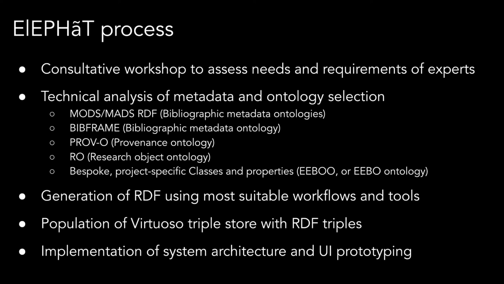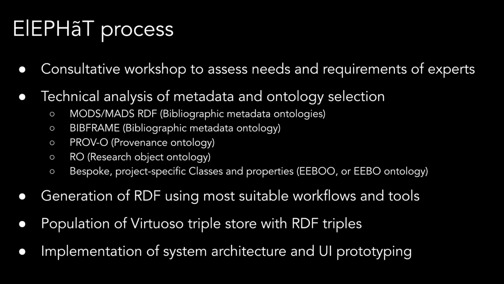The workflow applied for this project consists of 6 separate steps. Step 1 was the consultation workshop, asking for the opinions and research questions that domain experts and librarians would be seeking to solve. Step 2 was the technical analysis of the metadata requirements and the ontology selection.